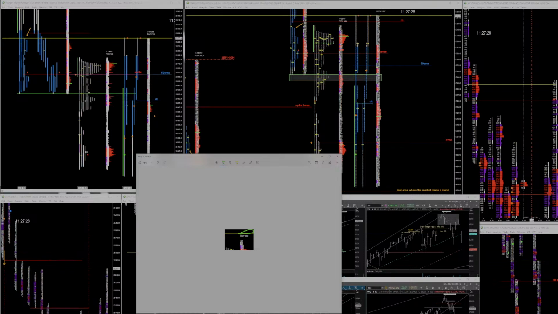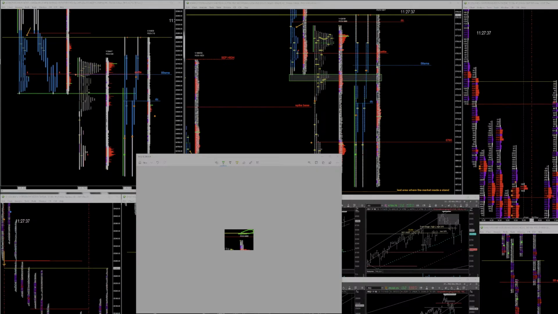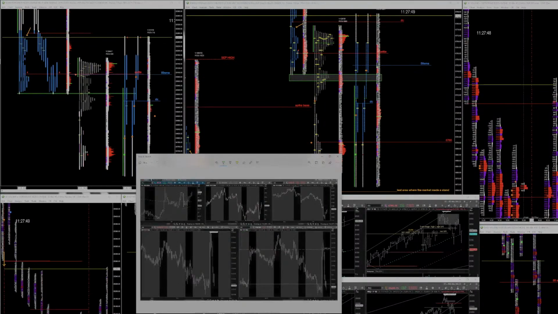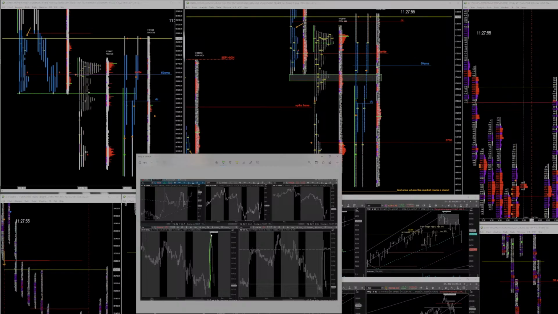Now, the next thing heading into today, this is what I'm going to show you here. And I believe this at the time was the market tail: the outstanding short covering that happened in the bond market.